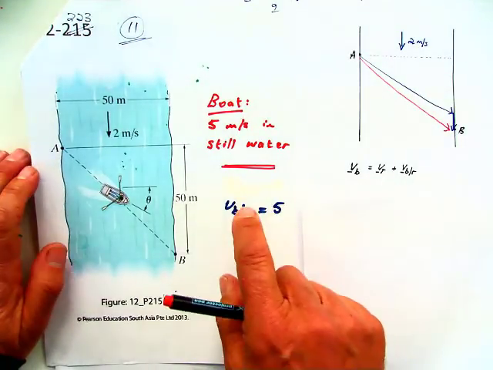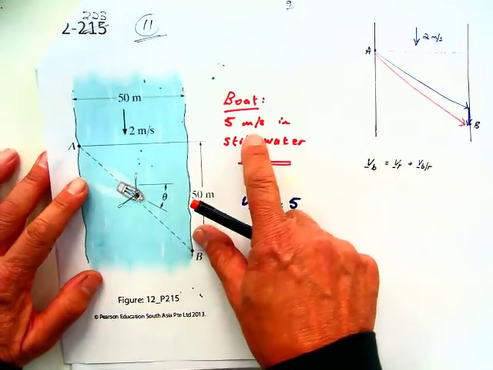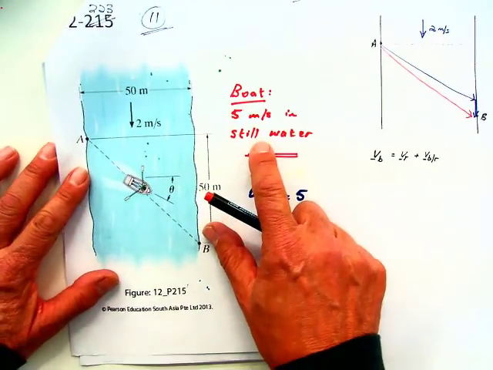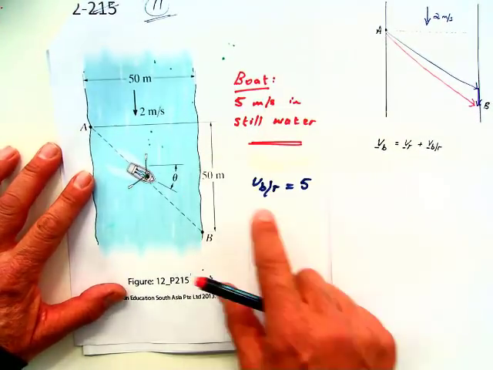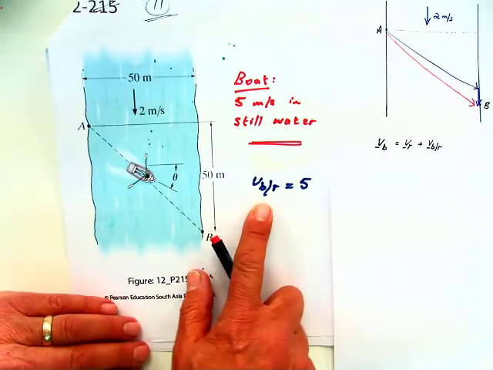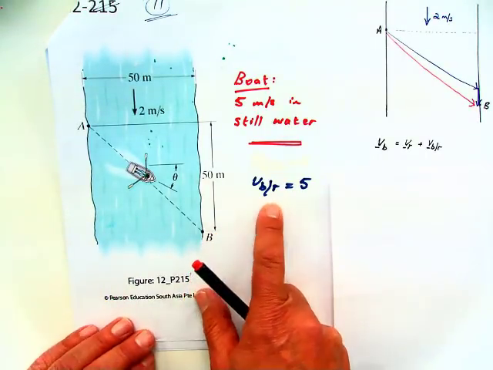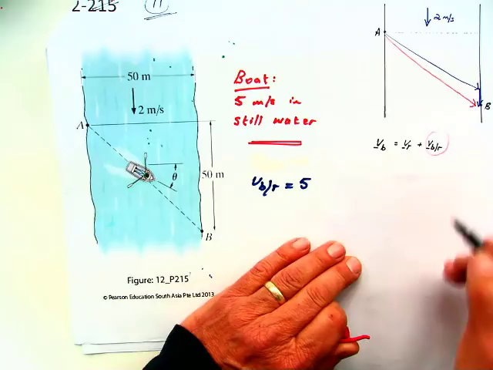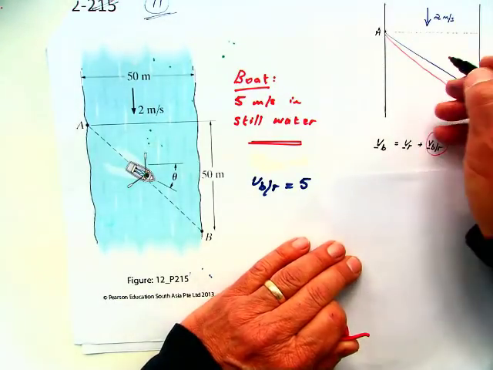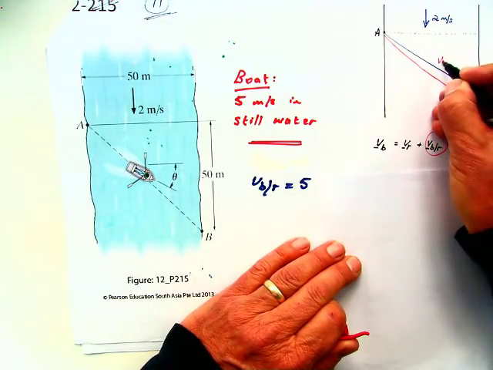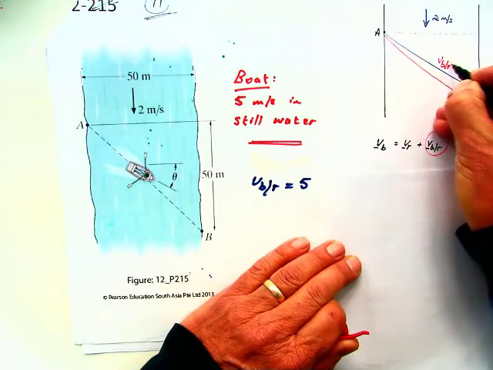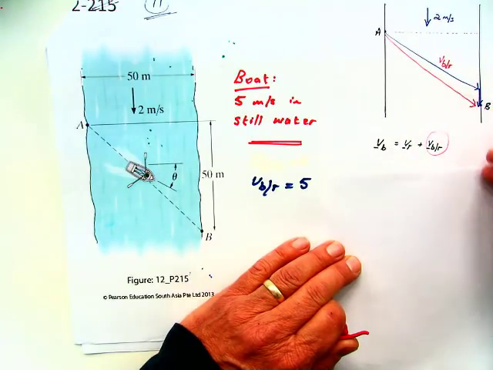Now they say the boat can steer at 5 meters per second in still water. What they mean by that is the velocity of the boat relative to the river. That is this one here, and in my drawing here, that is going to be this one here. Boat relative to the river, and this is the velocity of the river.